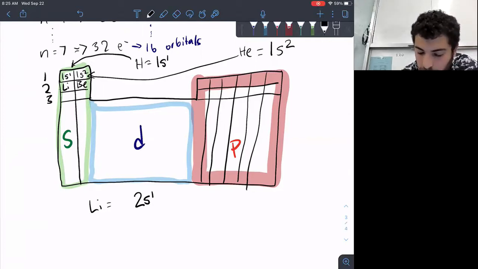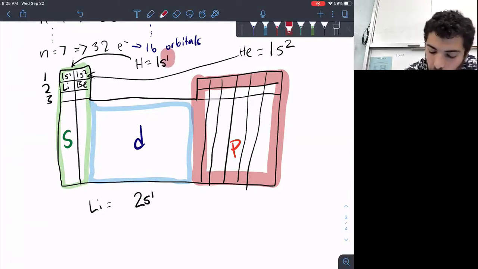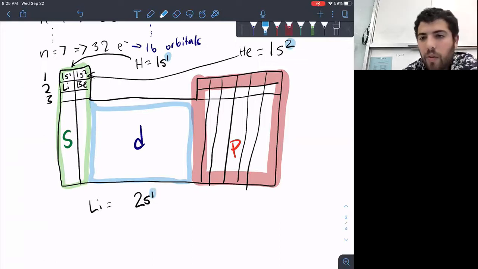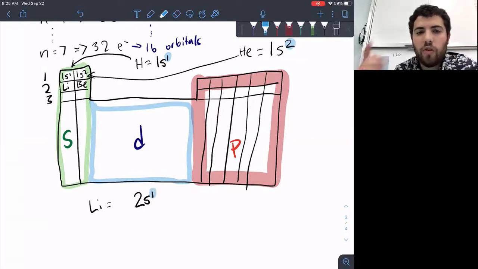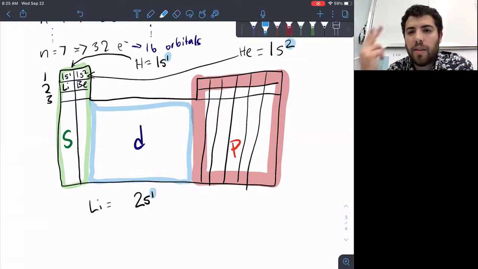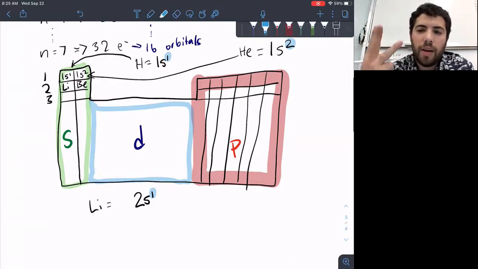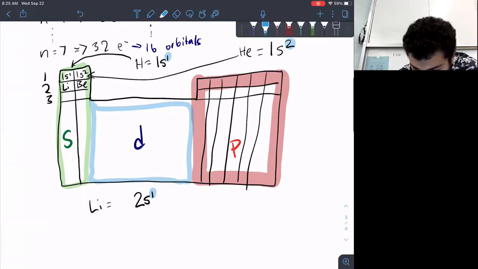This specifically refers to the second energy level, the s orbital, the first electron that lithium has. However, the number of electrons, which can be represented by these little exponents, needs to equal the number of electrons in the atom. Hydrogen has 1 electron, helium has 2. Great. Lithium has 3 electrons, yet we're only representing 1 right here. So we need to remedy that.